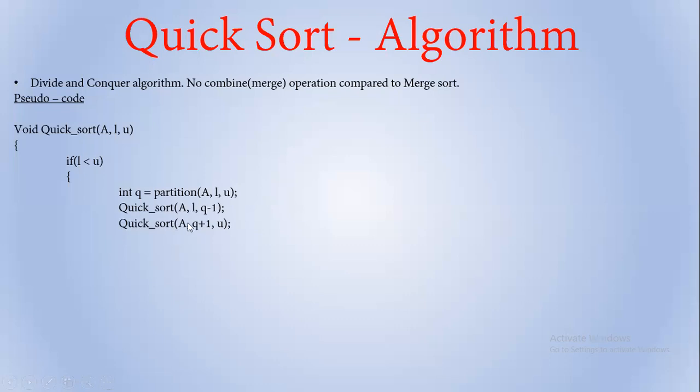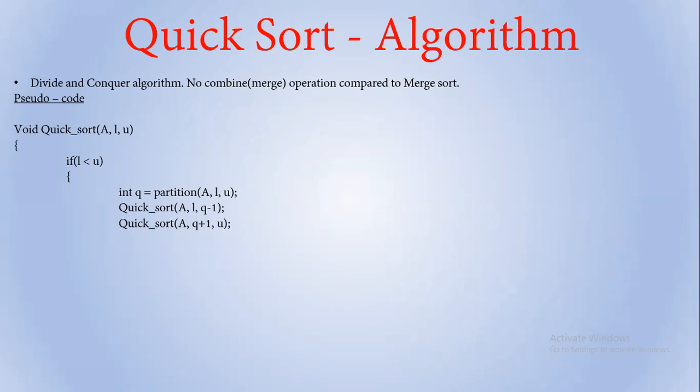And the second quicksort will be taken for the same array from Q plus 1, so if Q is equal to 2, that will be 3 to 4. But the second element, A[2], is not quick sorted.